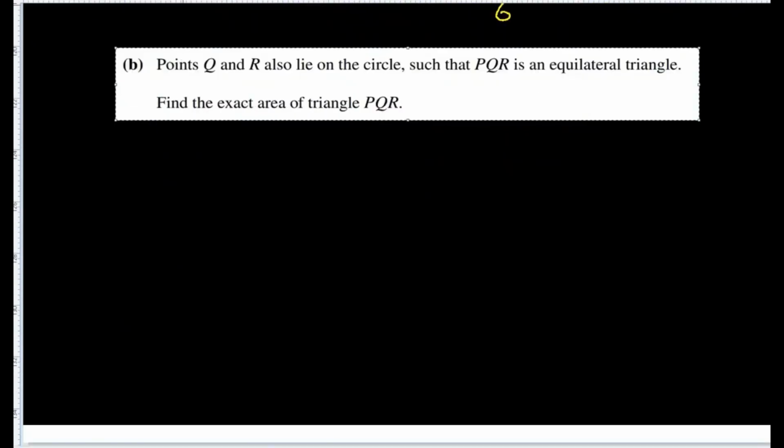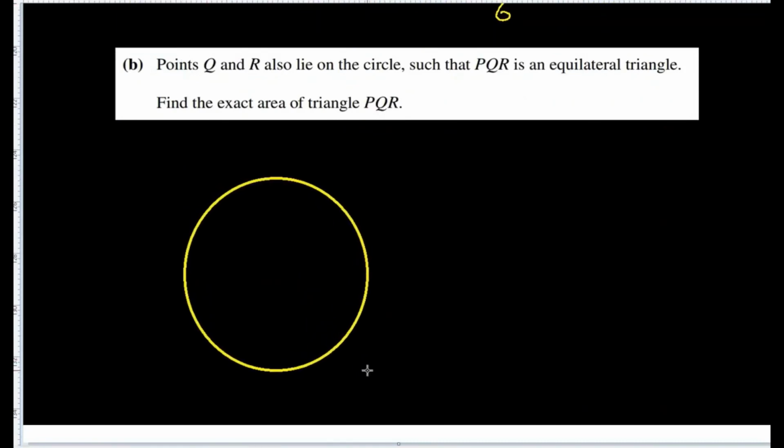Okay, so we have a circle. We have a point 5, 4 on the circumference, and we have a center, and the coordinates of the center are 3, minus 2.